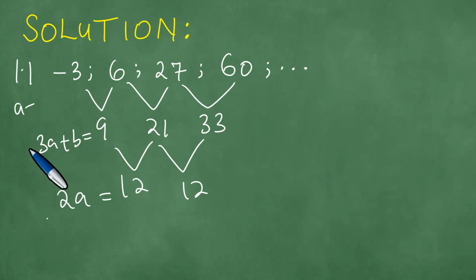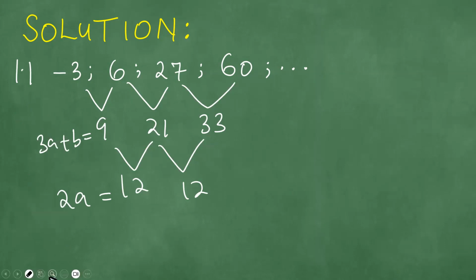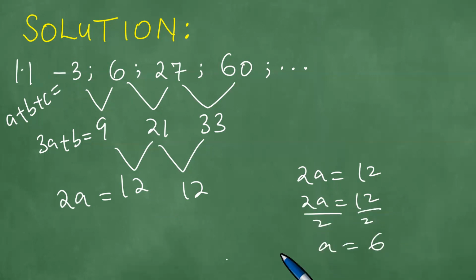And at the top, we write a plus b plus c equals minus 3. So if you have 2a equals 12, you divide both left and right by 2, and it means that a equals 6.